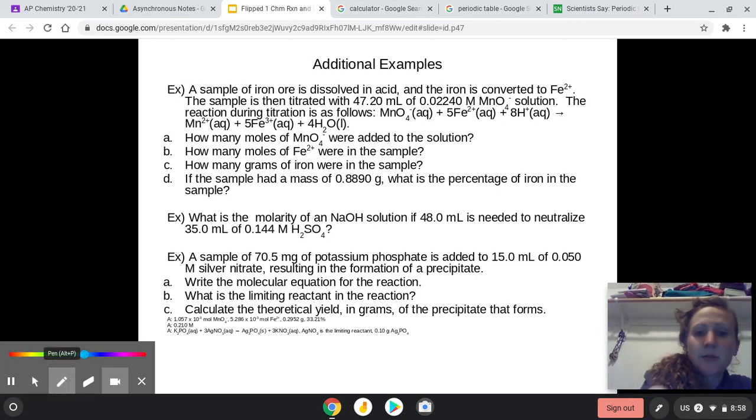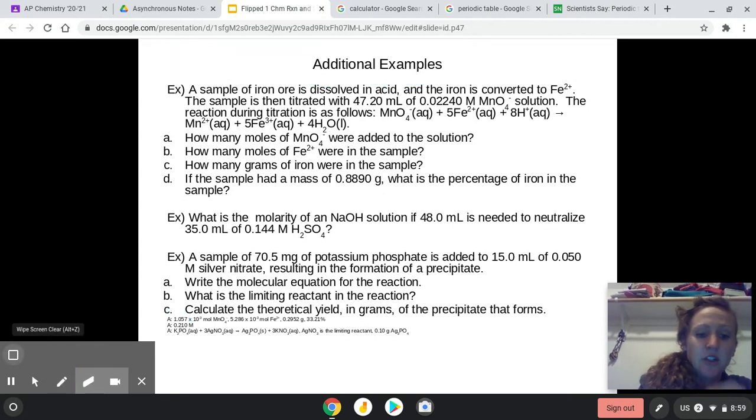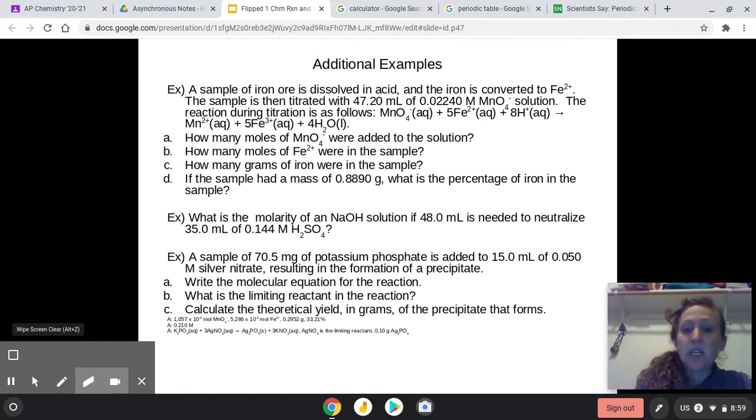I'm going to leave this page for you to do because the answers are down here. If you want to take a look and try some of these and then bring your questions to me. We can also go through some of these examples together in our office hours as well. So try a couple of these, try your book problems.